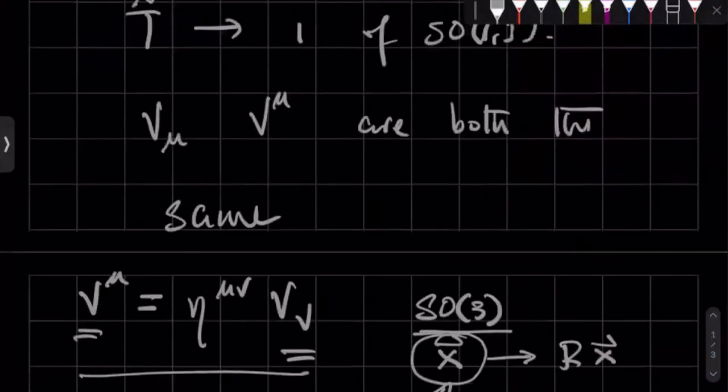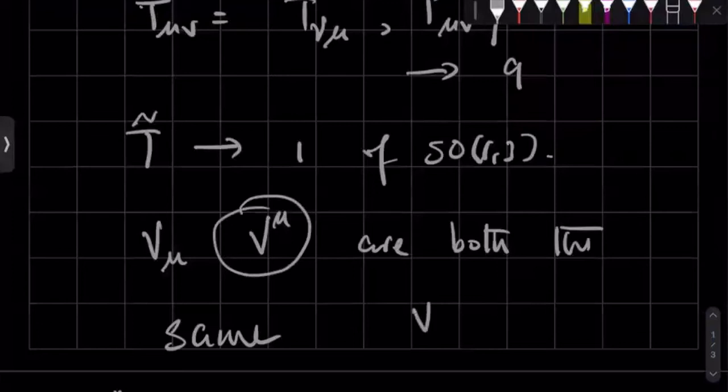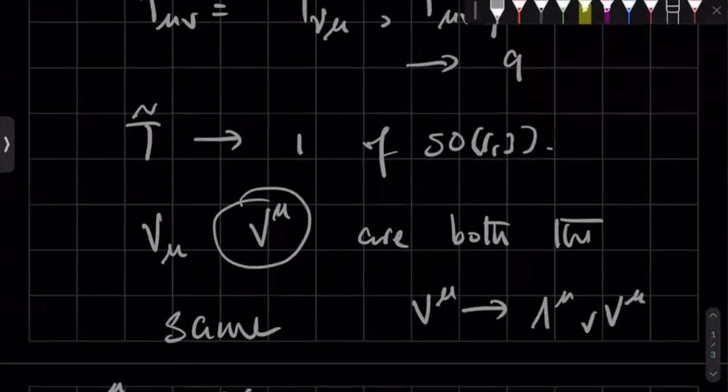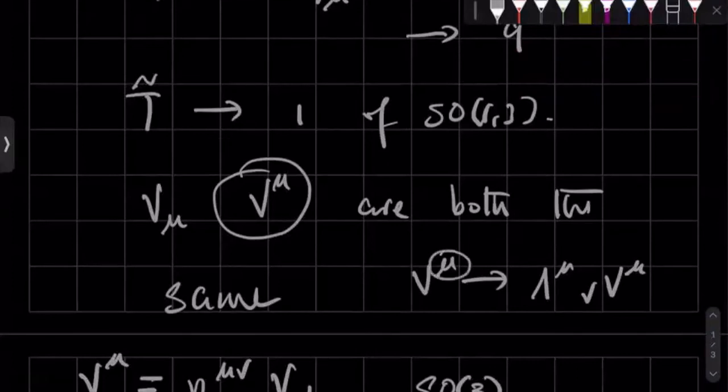Similarly, if I have a vector under a Lorentz transformation, this vector will go like lambda mu nu. And because this is one index, it's called a vector representation.